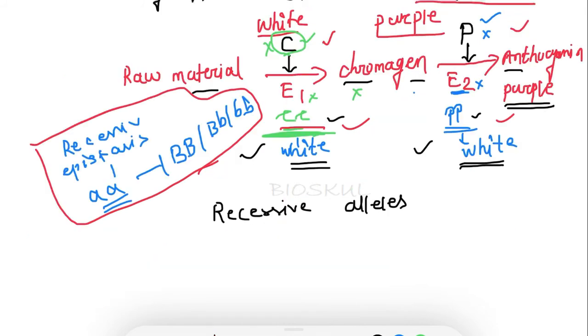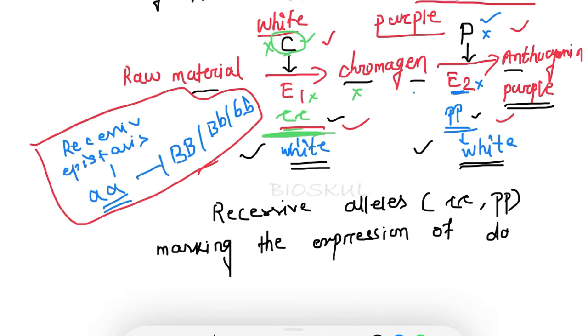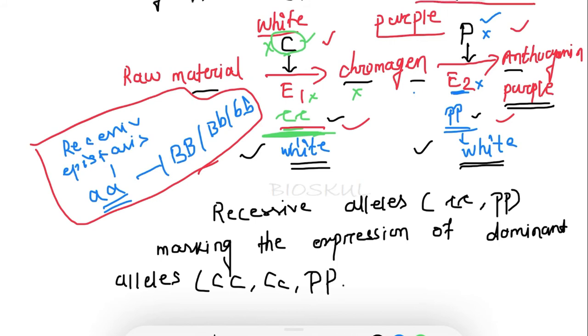Why? Recessive alleles, for example here the small c and small p, mask the expression of dominant alleles. What are the dominant alleles here? Capital C or capital C, small c, capital P or capital P, small p, at two different loci.